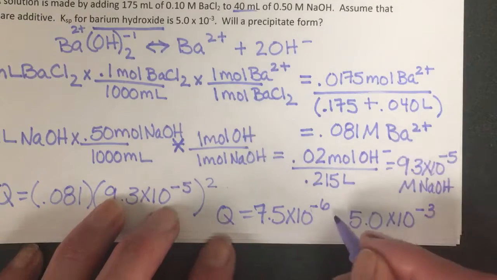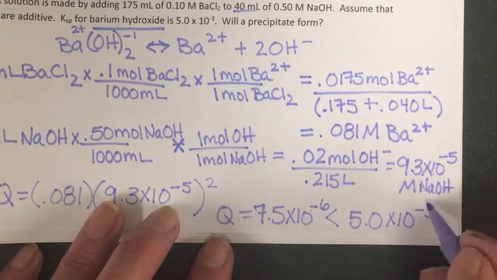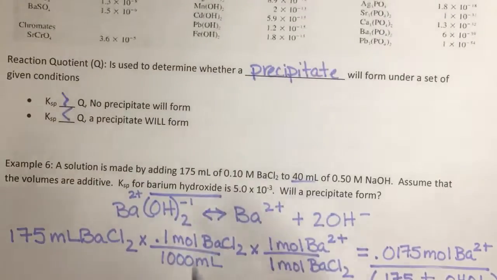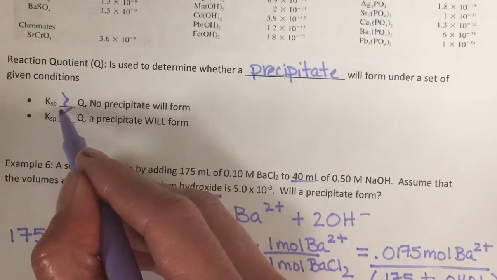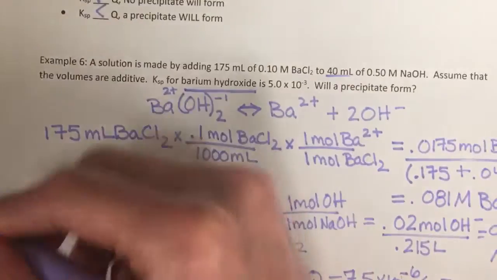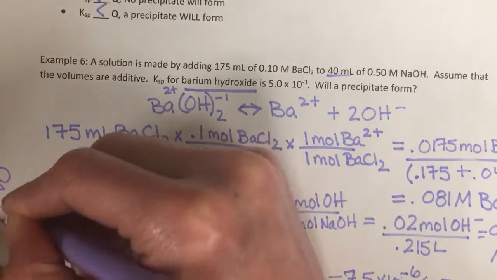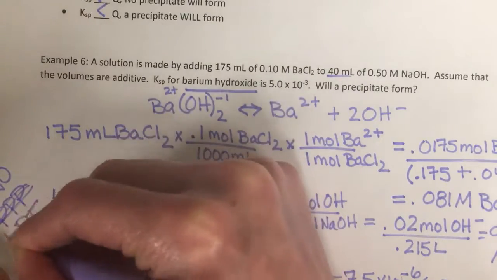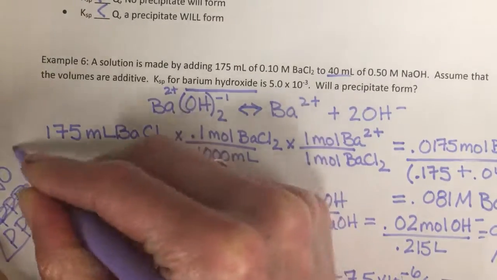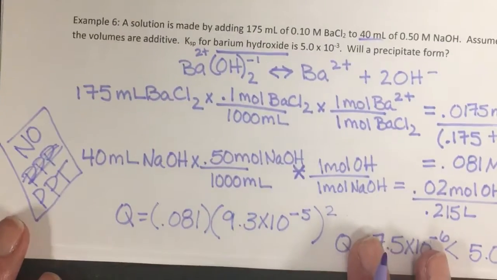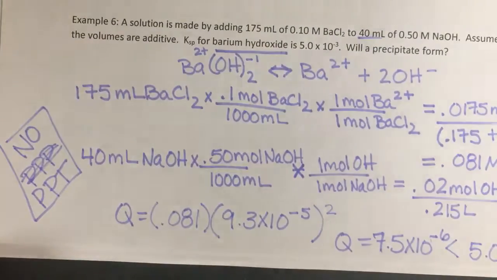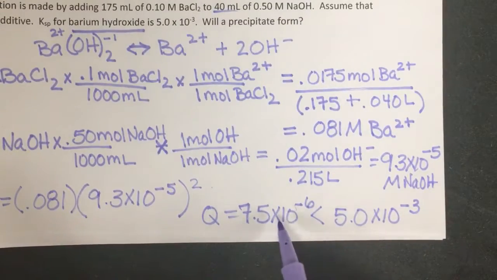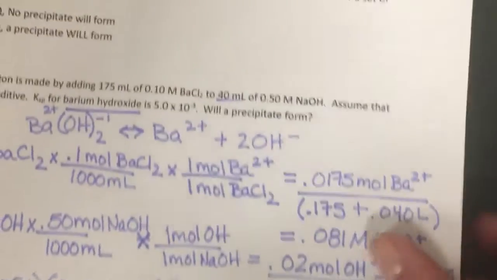Negative sixth is much, much smaller than negative 3. Because Q is smaller than KSP, I will not have a precipitate form. So I have to take the time to solve it out and figure out whether or not my Q is bigger or smaller to determine my precipitate.